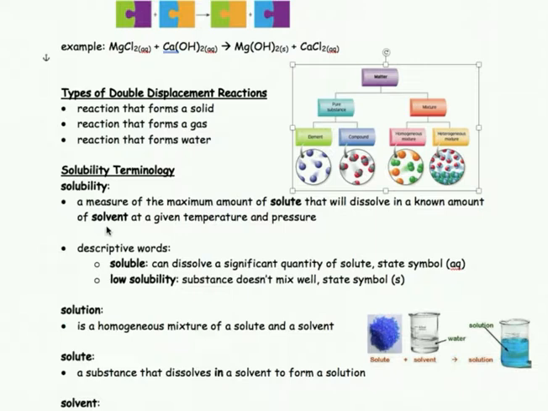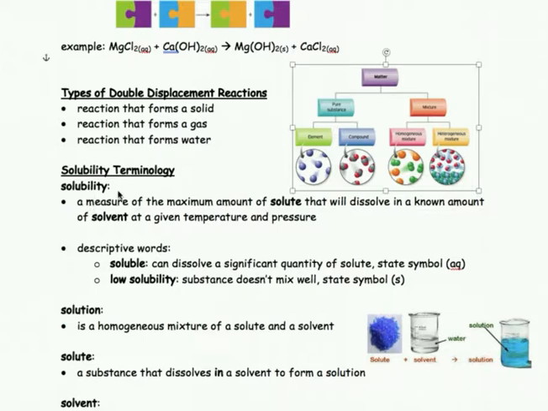In this reaction, magnesium hydroxide has a state symbol of s for solid, because it will partially become a solid in this mixture of calcium chloride and magnesium hydroxide. Magnesium hydroxide will be partially aqueous, but part of it will become solid. We're going to be studying how much it mixed in today.